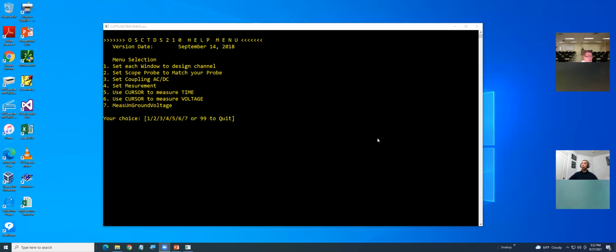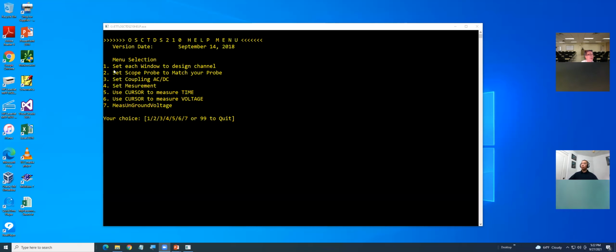On most of the lab computers, you can see this is the program to help you set up your oscilloscope. It will be displayed on your desktop.